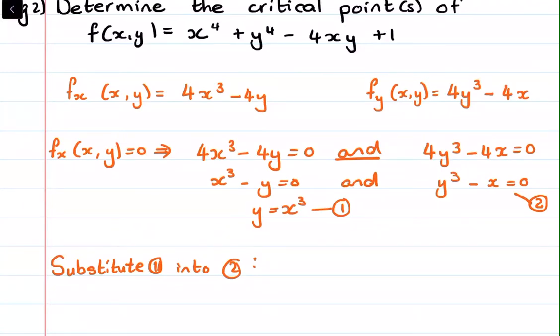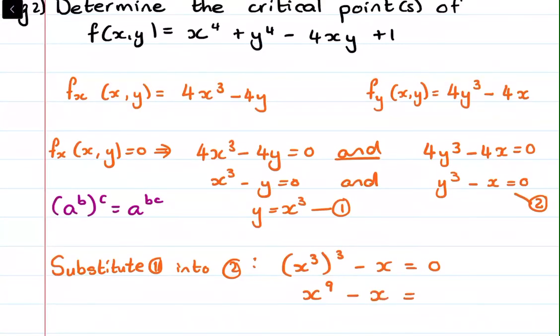So wherever I see a y, I'm going to plug in x cubed: x cubed, cubed, minus x is equal to 0. Remember the law: a to the b, to the power c is the same as a exponent bc, which means that I have x to the power 9 minus x is equal to 0.